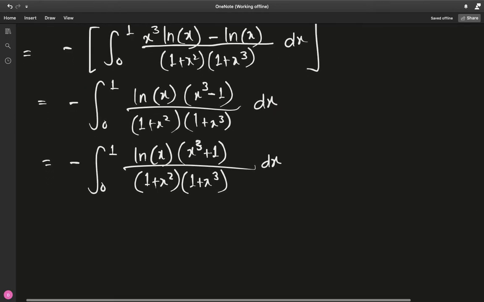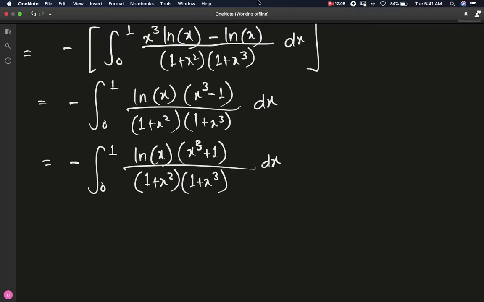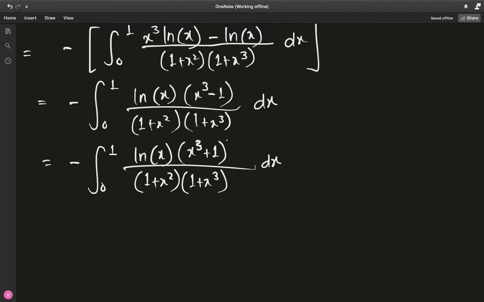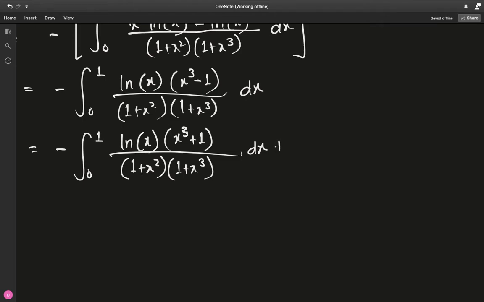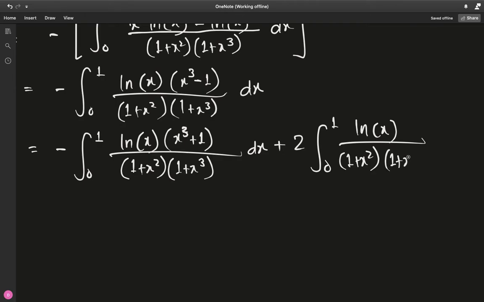And since we obtained a positive 1, which means we added and subtracted 2 on both sides. So to obtain plus 1 we had to add 2, and therefore the other integral is having a negative 2. That negative and this negative will be a positive 2 times integral from 0 to 1 of natural log of x over 1 plus x squared times 1 plus x cubed dx.